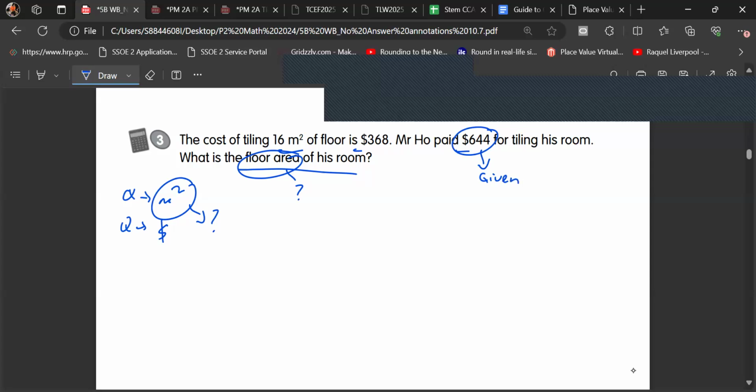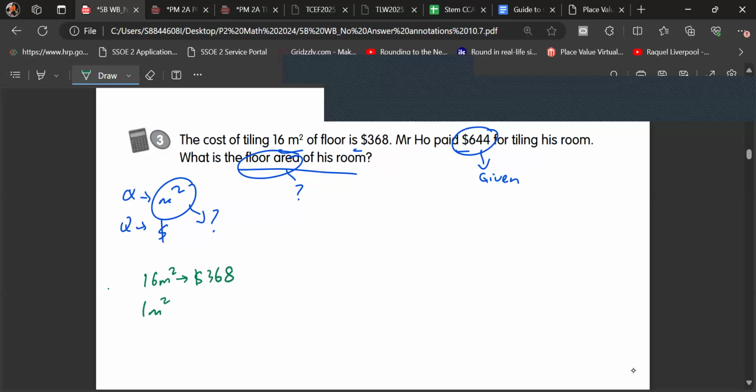So again, previously you'll probably be writing 60 square meter is this.